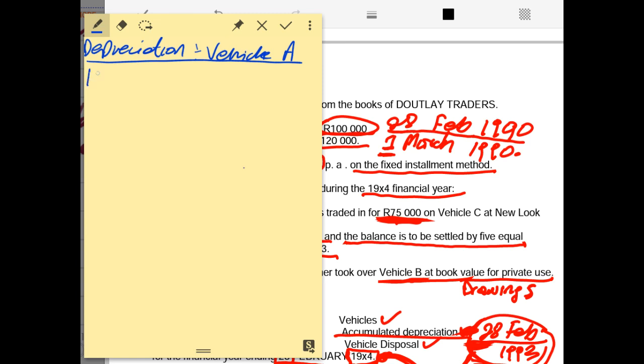So now it means when we calculate depreciation, we calculate it for 1991, not for 1990. So now we say the cost of motor vehicle A was 100,000 rands. There was no residual value, then we just multiply that by 20%. Therefore, that will give us an amount of 20,000 rands.